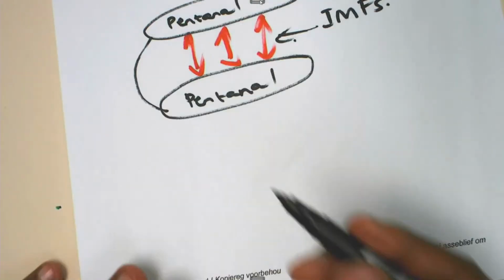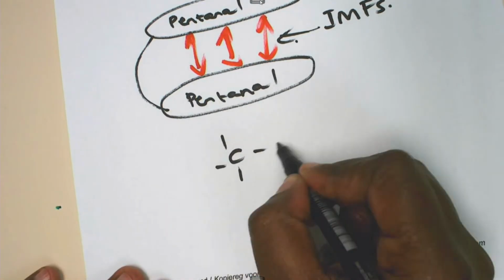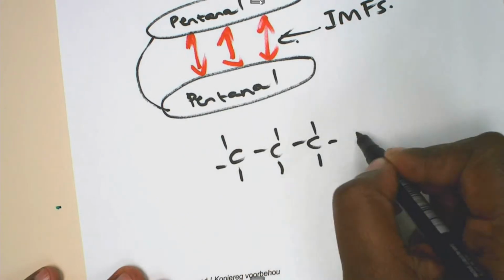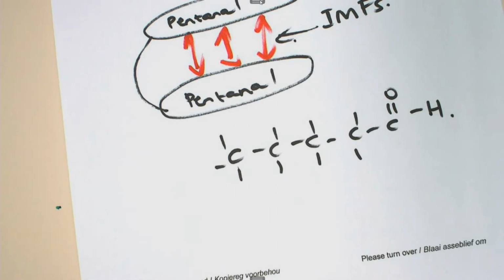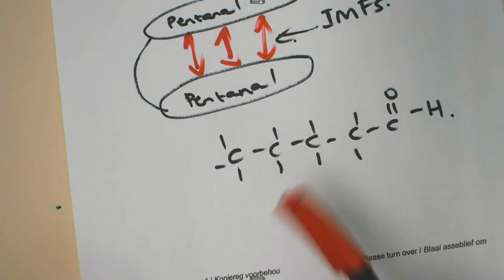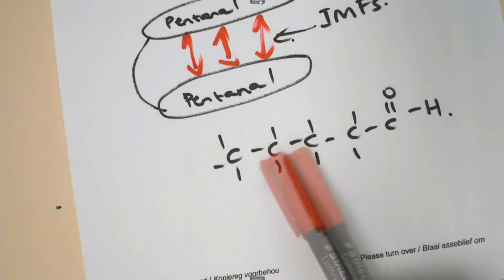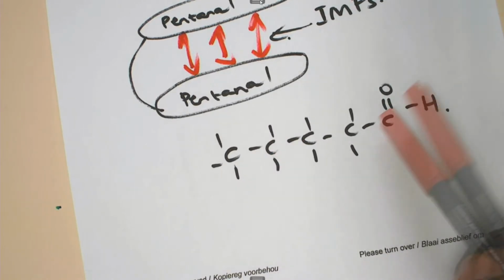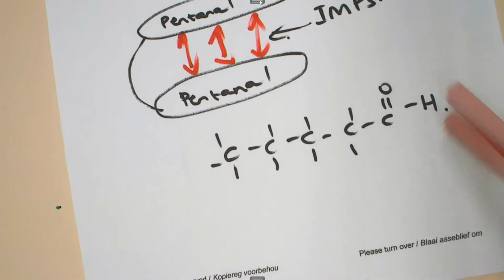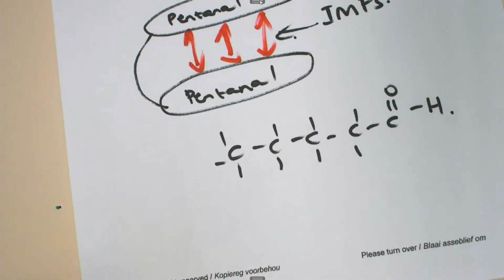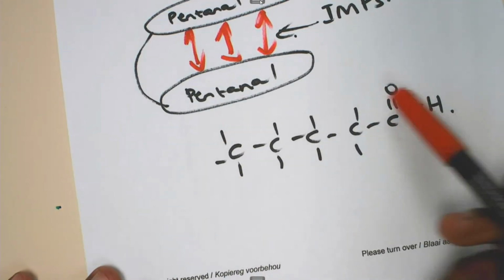But if they say bonds, it means here we are talking about within the pentanal. In this case, this learner is now talking about between this carbon and that carbon, or between this carbon and oxygen, or somewhere there, within the same pentanal molecule. Here, we'll have bonds.